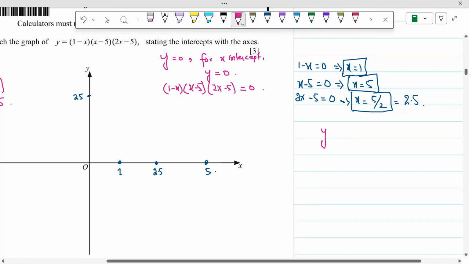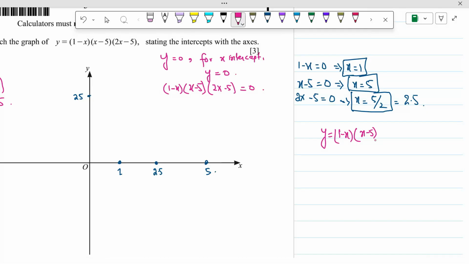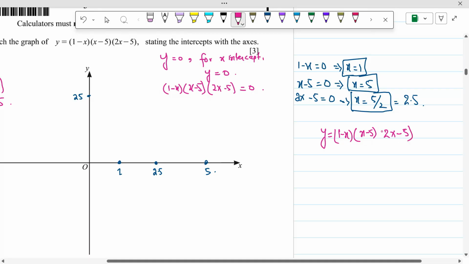So for example, y equals (1 minus x)(x minus 5)(2x minus 5).